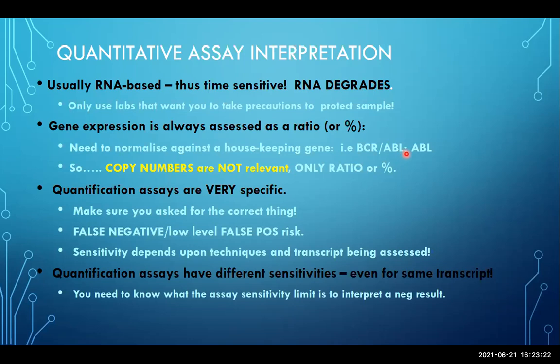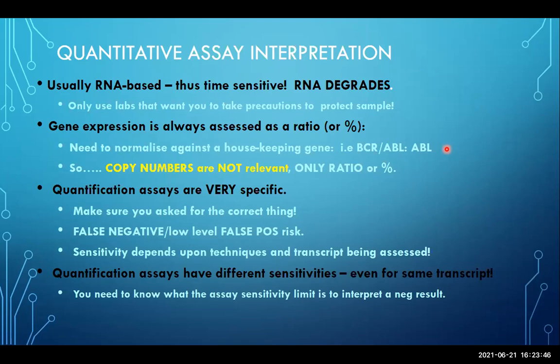You need to be able to express your transcript of interest against a housekeeping gene. This is because there are so many steps in a quantitative assay that can change, and lots of different reagents that can change how well something amplifies, literally tube to tube.